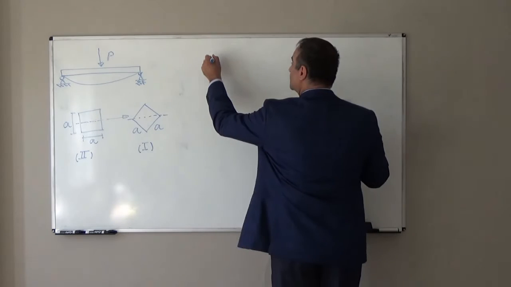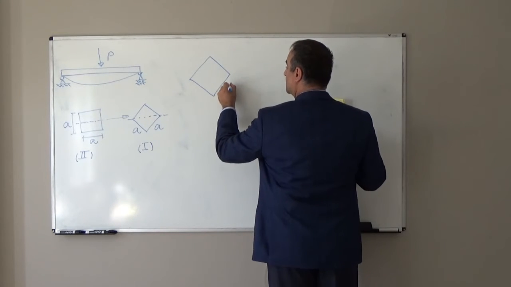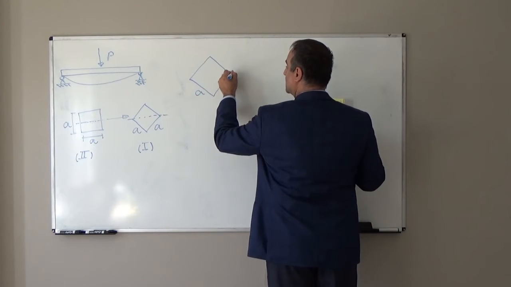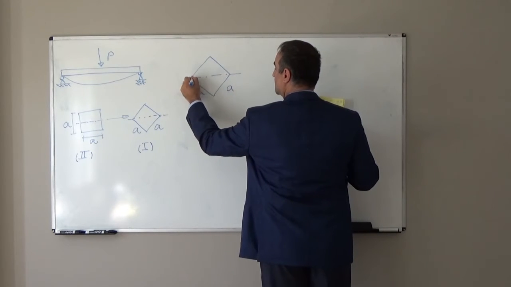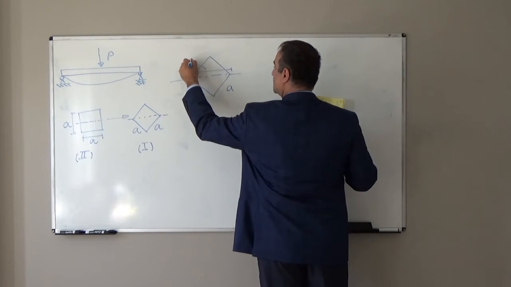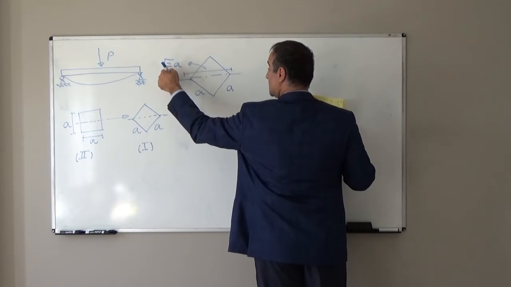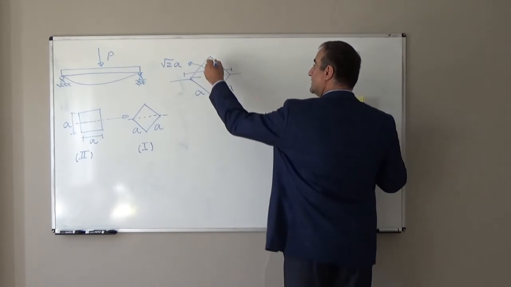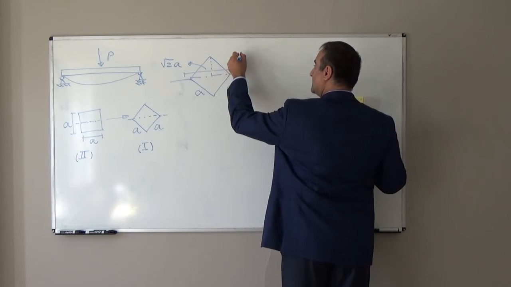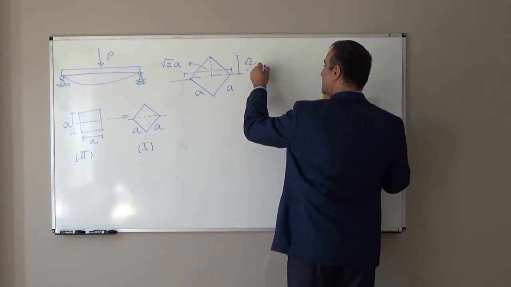In case 1, A. So from here to here, it will be equal to square root of 2A, and this height will be square root of 2 over 2A.